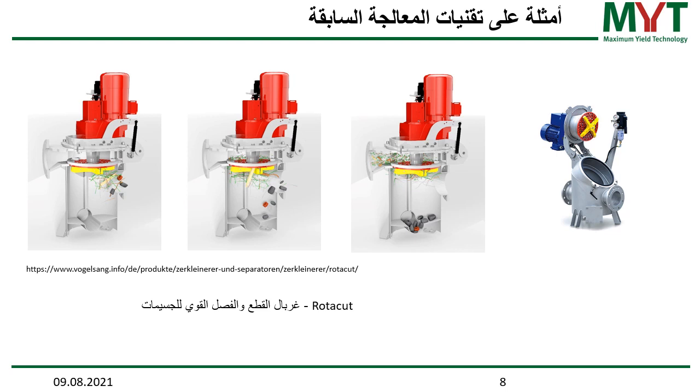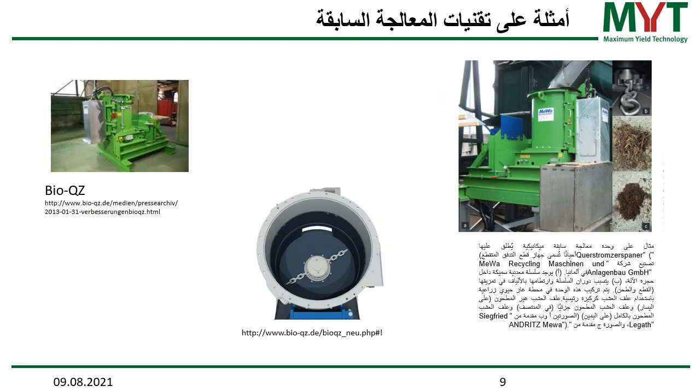So the more sand, the more stones you are forcing through such a system, the faster it gets dull and it won't work anymore. That's why the separation of these stones and other disturbing materials is crucial for the long-term functioning of such cutting pretreatment units.